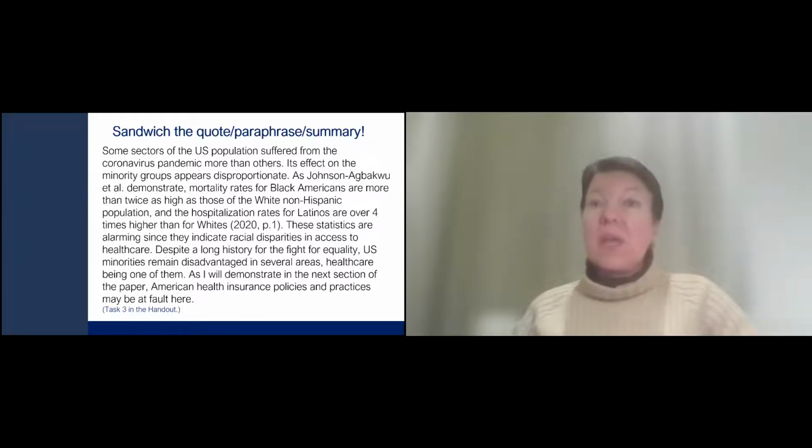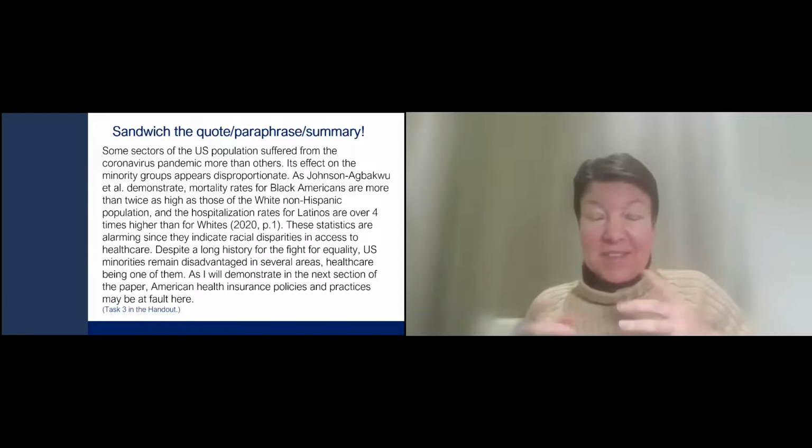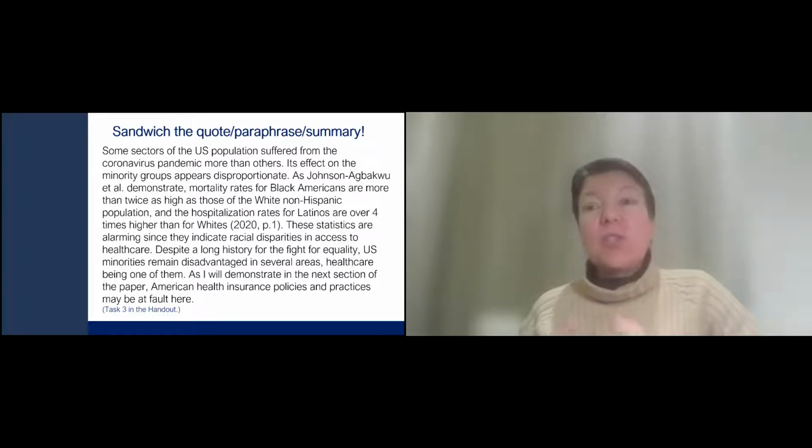So if you look in the handout for tasks 2 and 3, every time I write topic sentence in parentheses, I add 2 or 3 or 4. It's not that there has to be just one sentence here or 2 sentences there or 3 sentences in another section.